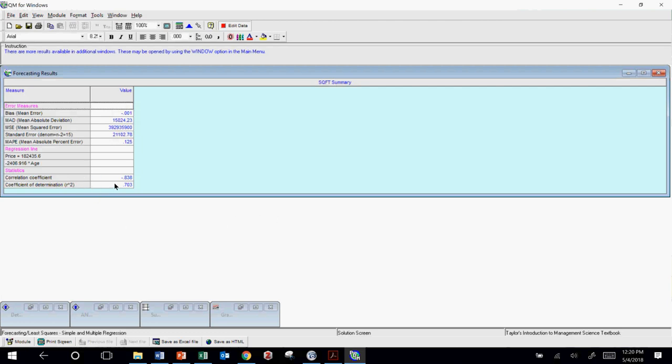So what we have here is that there's a negative correlation, meaning that the older a house gets, the higher number in age means a lower number in price. So the older the house gets, the lower the price. The newer or the lower number of years, the higher the price.